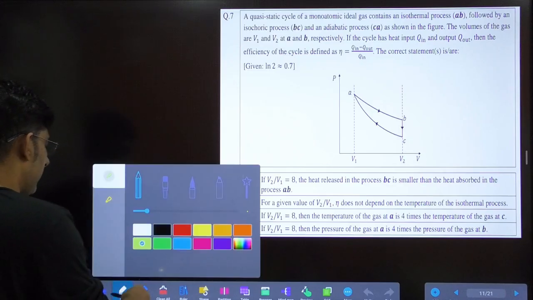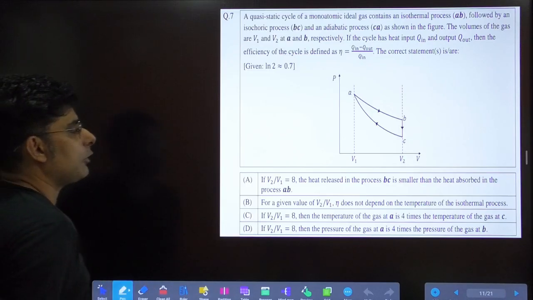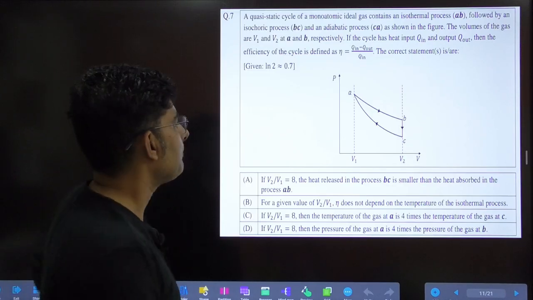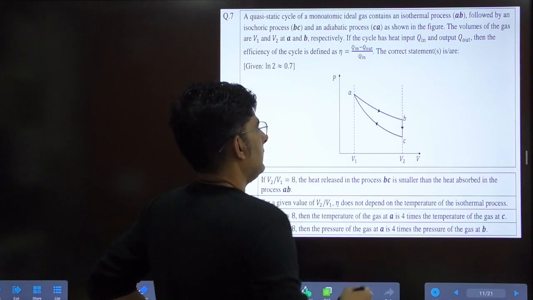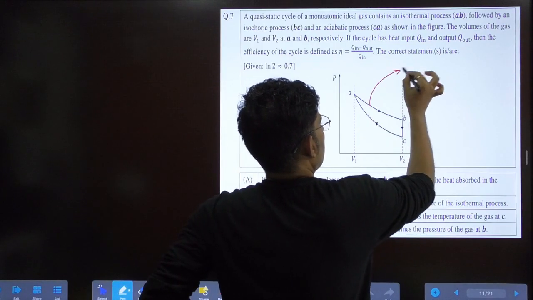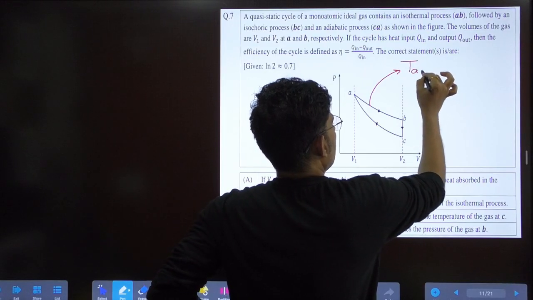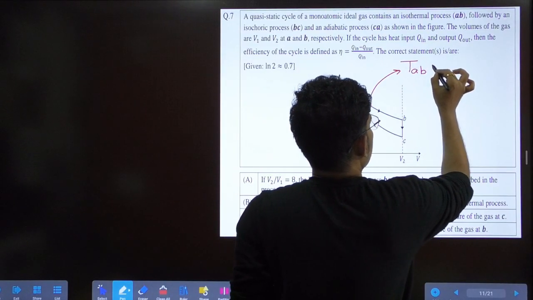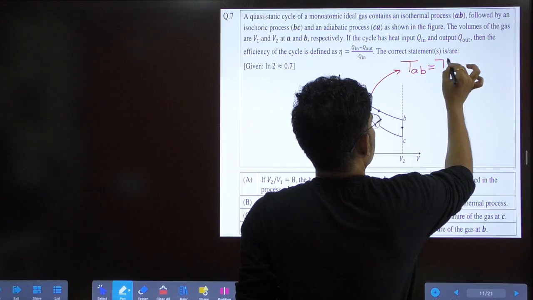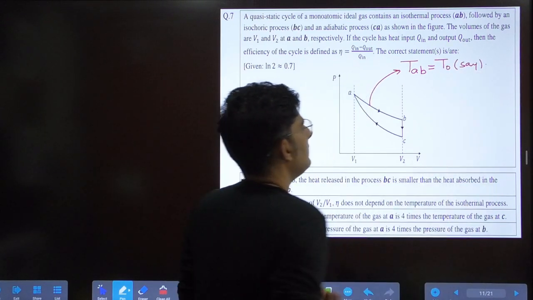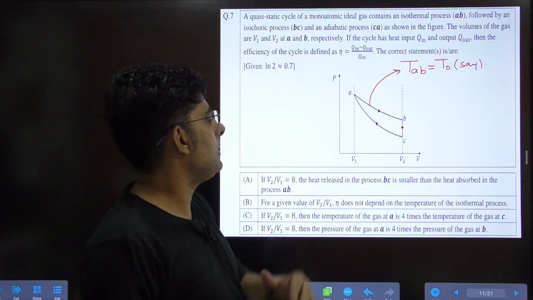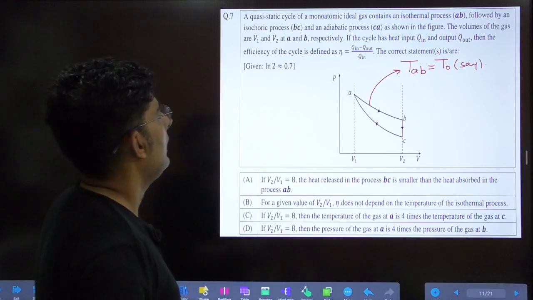So let's see one by one what is happening over here and what all we have to take as assumptions. First of all, AB is an isothermal process. Temperature is constant. So in this, temperature during AB, let's take it as my wish T0. I have assumed it as T0. A, B, every point has that only. Okay.